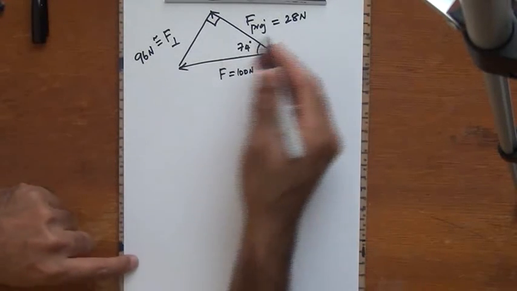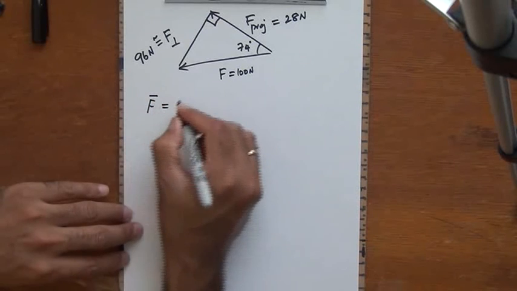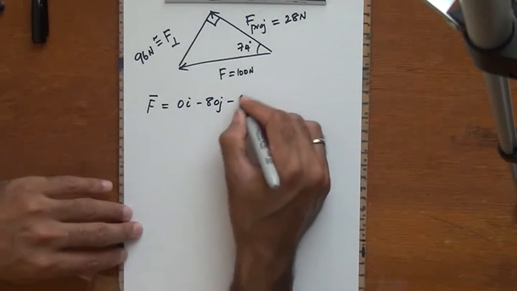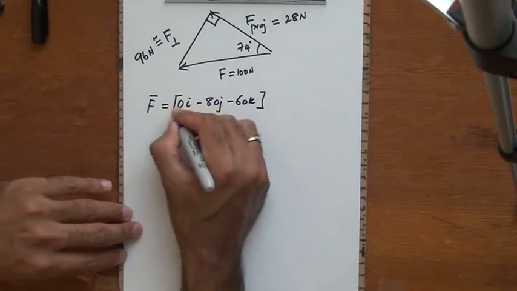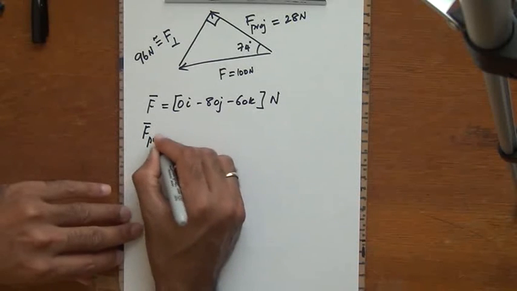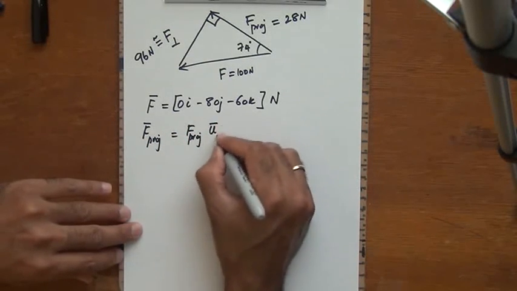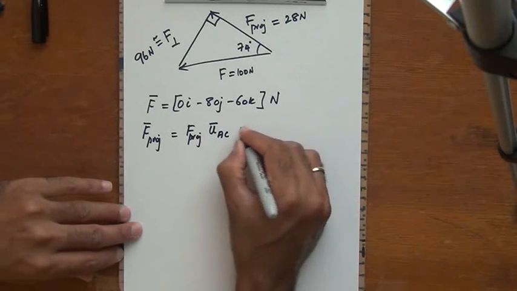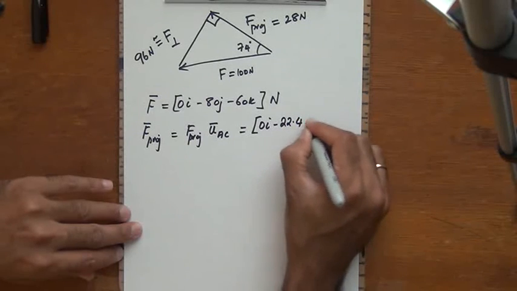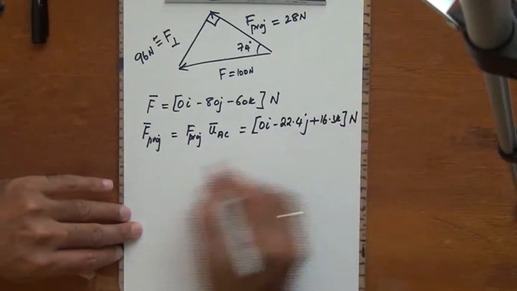Then we wrote everything as Cartesian vectors. I have the force vector F was 0I minus 80J minus 60K, so many newtons. Then the projection, which was the magnitude times its unit vector from A to C. This was found out as 0I, 22.4J, 16.3K, so many newtons.